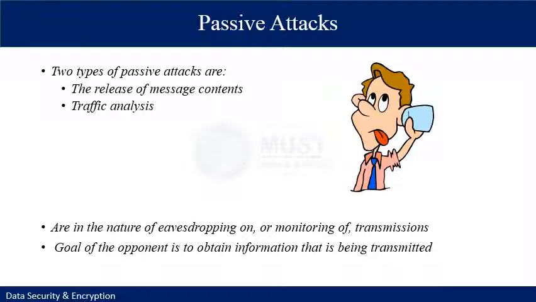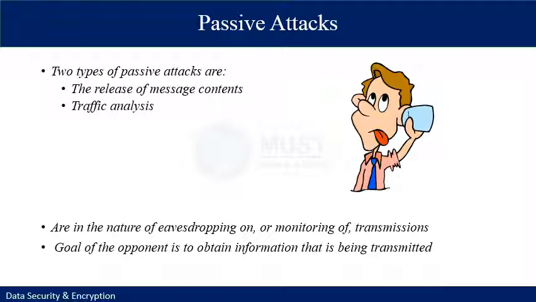Release of message contents will be violated if some third party reads the contents of your messages. However, the third party cannot change the messages; that will lie in the passive attack.